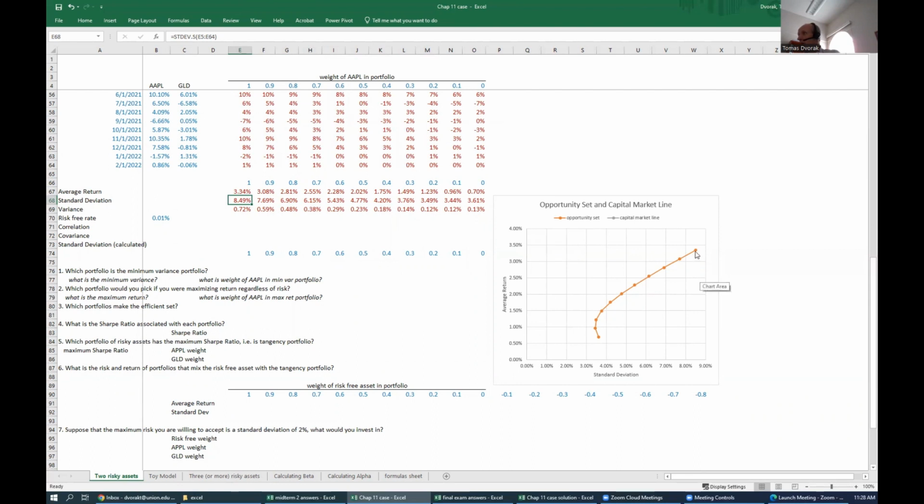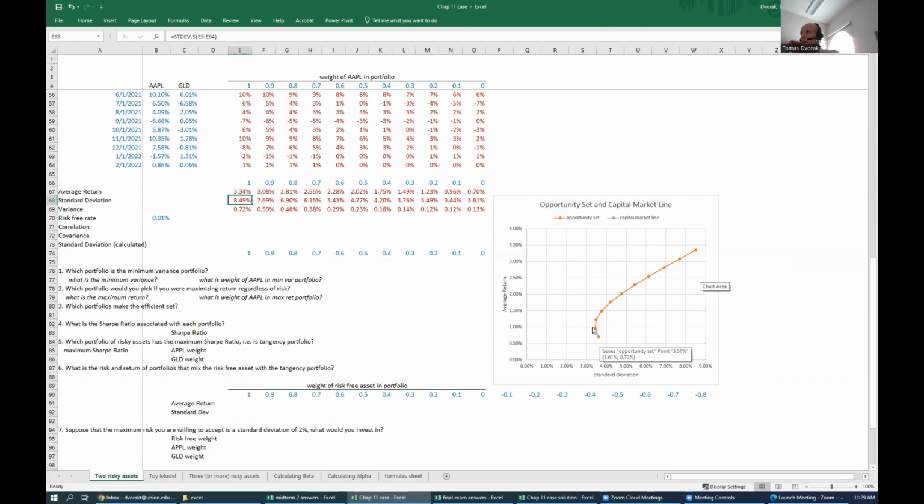So up here, this portfolio is really the highest return, which is 100% Apple, 0% Gold. And down here, we've got the lowest risk.